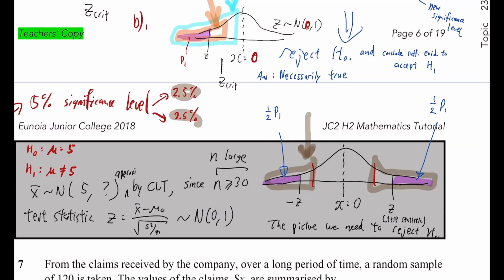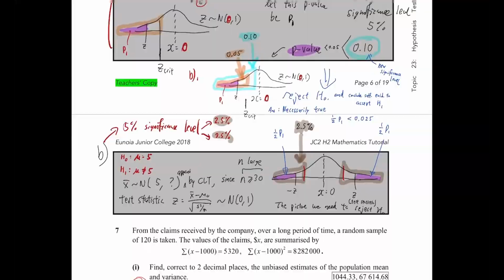Can this picture be true? True. How? Let's see. You need half a P1 to be less than 2.5%, which is 0.025, right? I need more space.